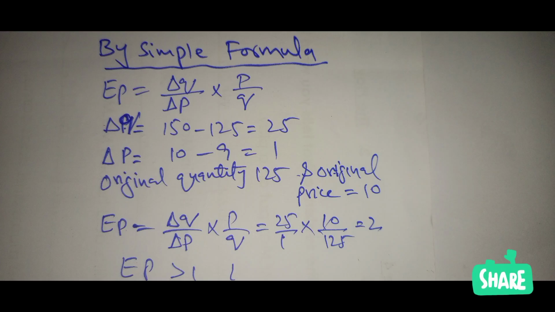Original price was 10 and the change in price is 1 rupee. So 25 by 1 multiplied by original price P, that is 10 rupees, by the original quantity of pen, which was 125 units.